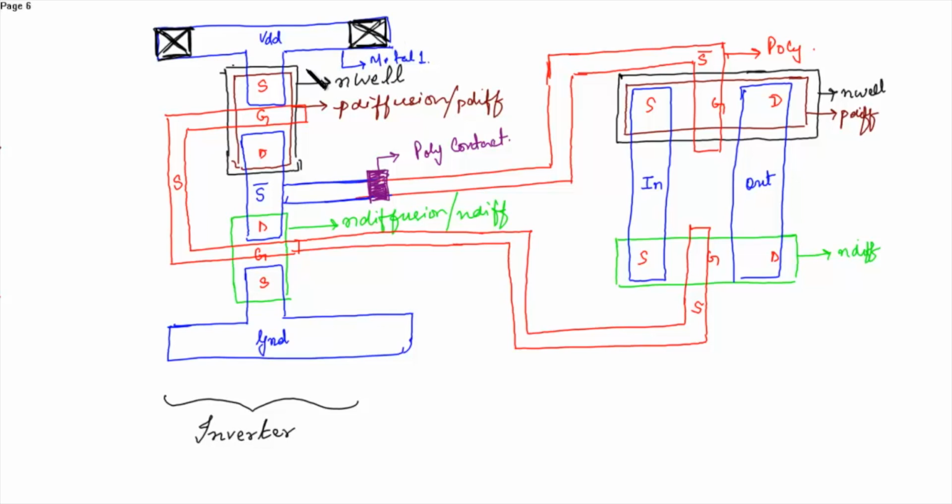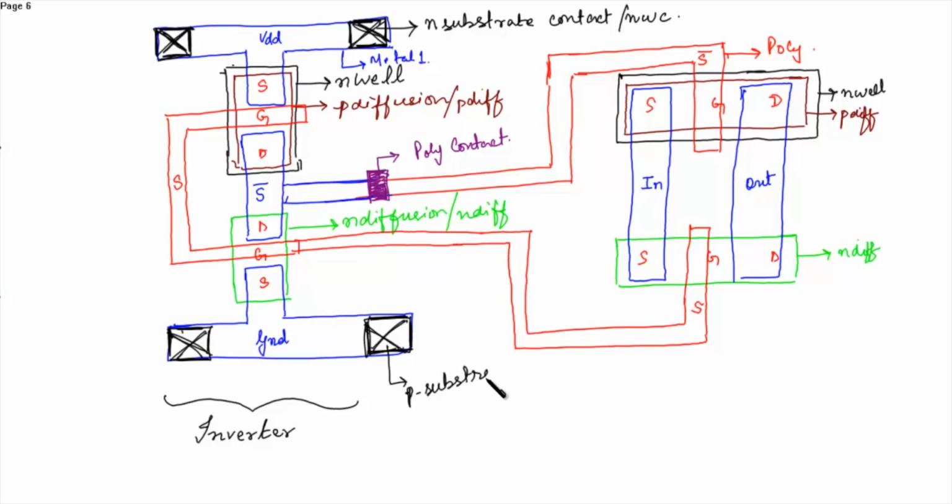Since this is the N well and this P diffusion, this is the N substrate contact, or you can write NWC, and in the ground you have to place the P substrate contact, or you can say it's the PWC contact.